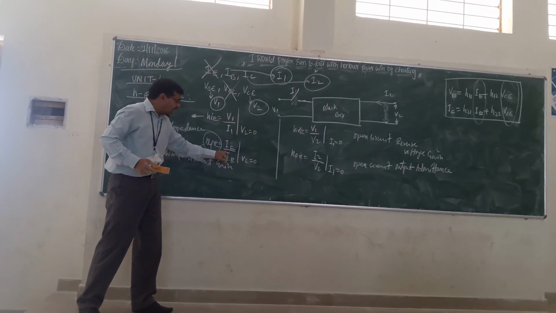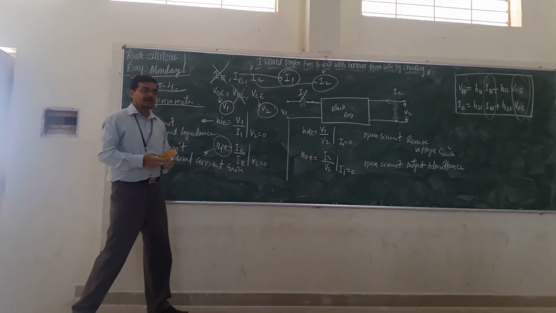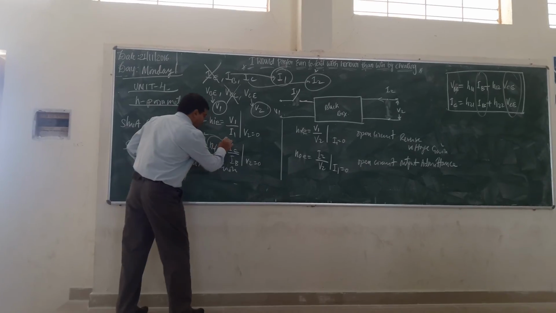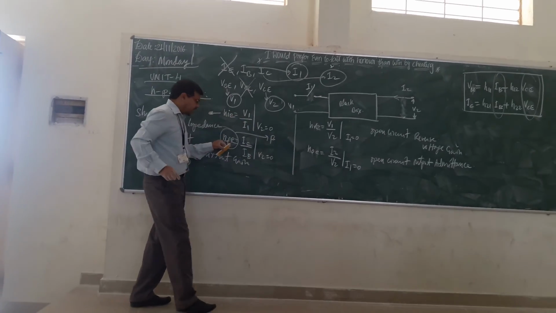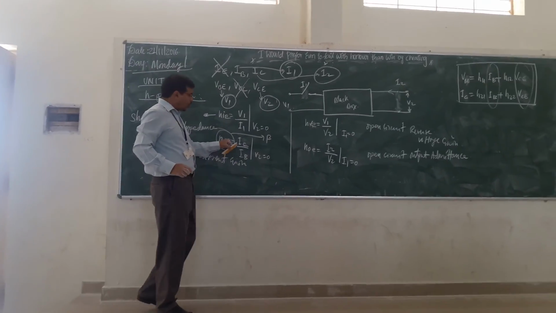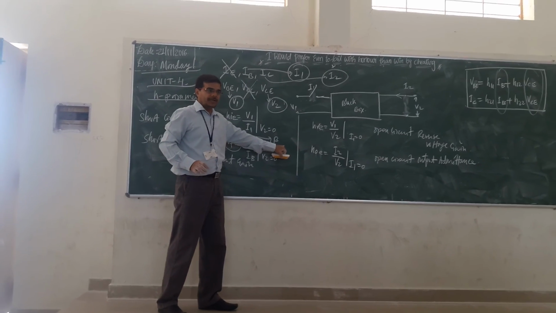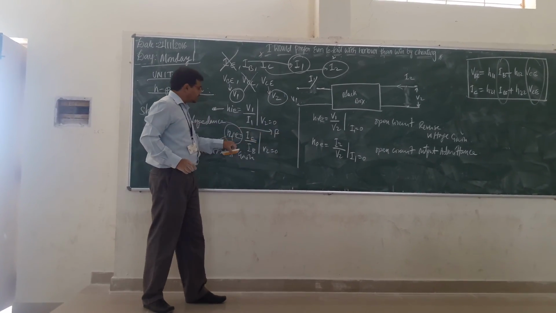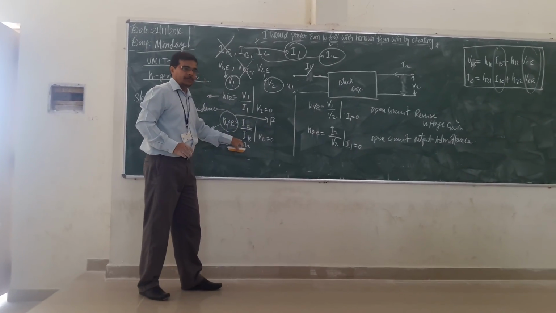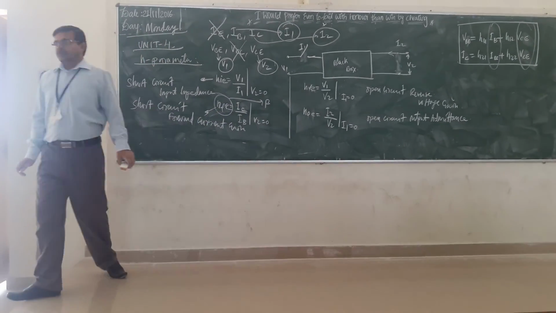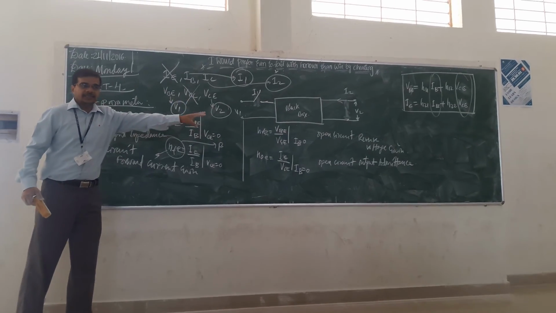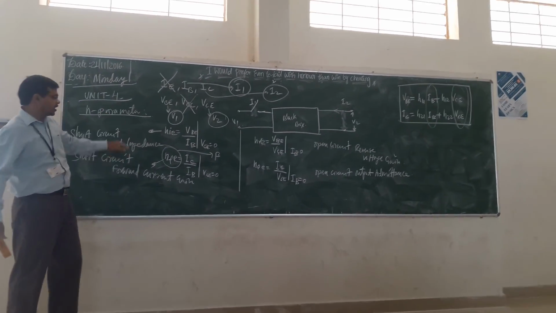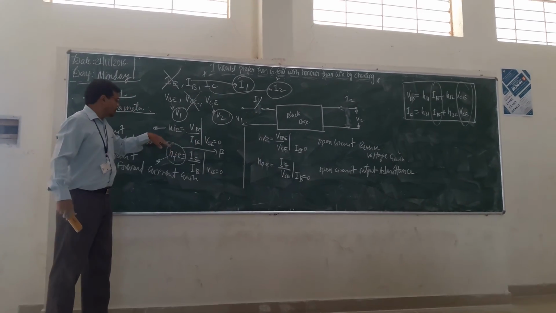So what do you have with IC by IB? Beta. So your HFE is also written as beta. You can say that HFE is equal to beta, and it is your IC by IB.